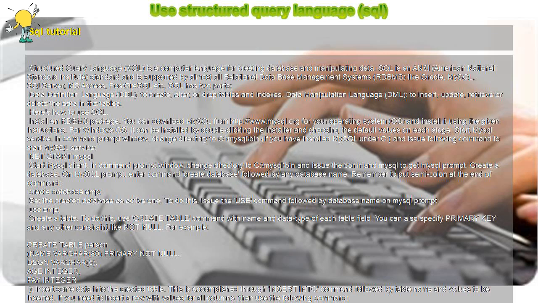To group the results, use group by as in the following. Select asterisk from person group by DSGN. To show groups satisfying a criteria, use having as illustrated below.